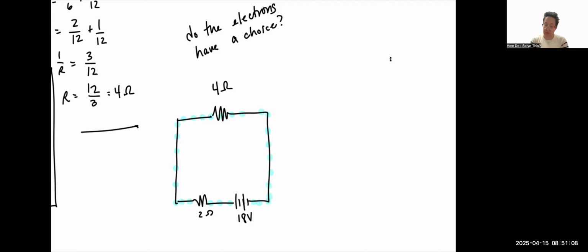So here, our answer would be no, the electrons do not have a choice. They must go through both the 2 and the 4, which means that this is series. And so we just add them together. And 2 plus 4 equals 6 ohms. And that is our final answer. That the equivalent resistance here is 6 ohms.